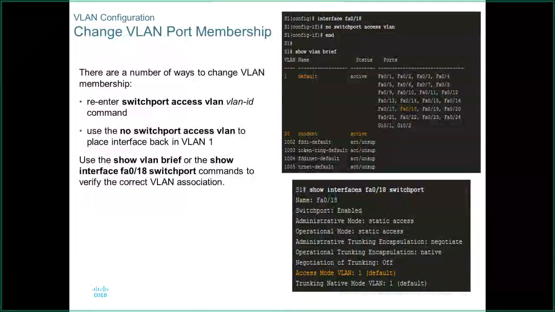So when we use the switchport access vlan and then the VLAN number, we're making an association between the port and a VLAN. To remove all of those associations, you can say no switchport access vlan, and that'll default it back to the default VLAN of 1.